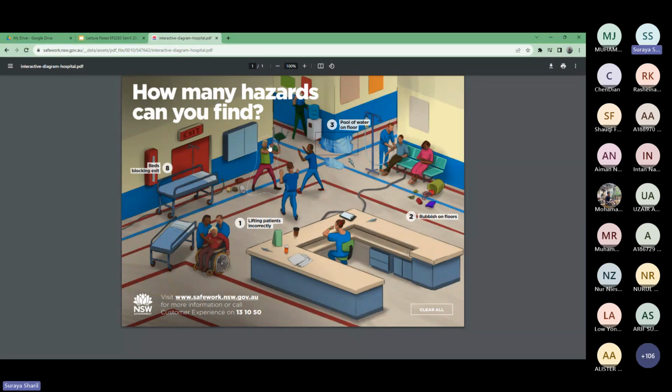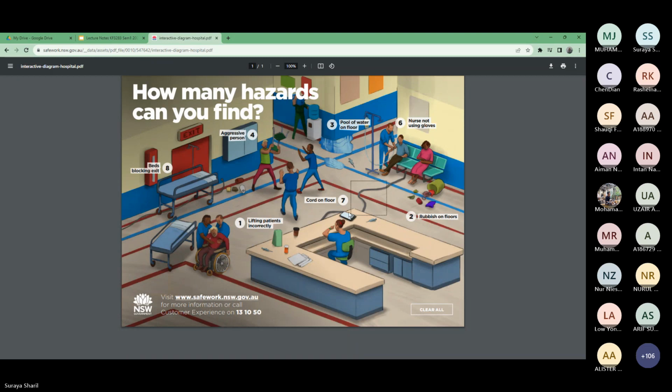Here another possible, an aggressive person. Right, a nurse not using gloves, as you can see here. Cord on the floor, possible tripping. So we have 1, 2, 3, 4, number 5.